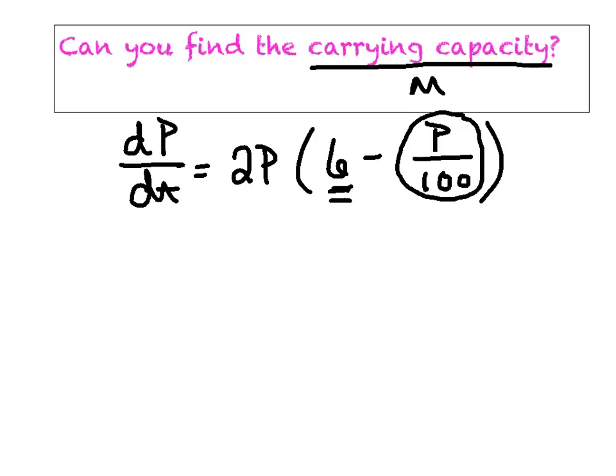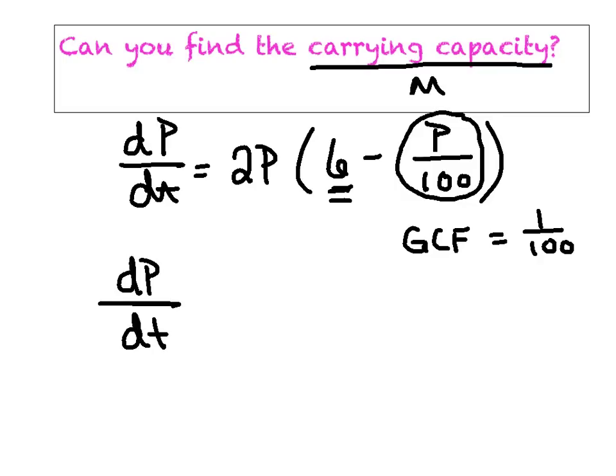So what we've got to do is we're going to try to factor out a 1 over 100. In other words, tell yourself that I'm going to factor out a GCF of 1 over 100. When you take out a GCF, you are dividing that term out. And in this particular case, if you're dividing by 1/100th, you are actually multiplying by 100 itself.